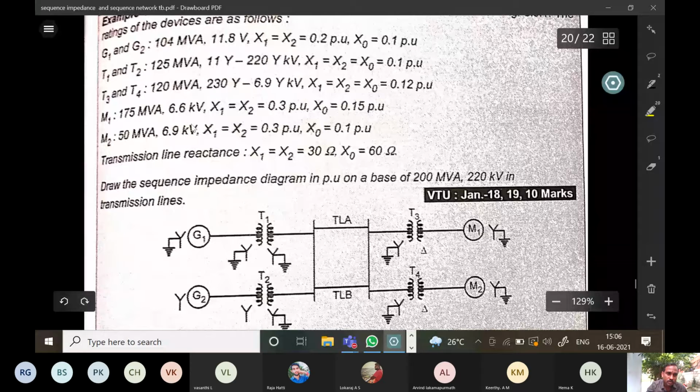X1 and X2 are equal to 0.3 per unit, and X0 is different: for M1 it is 0.15 per unit, for M2 0.1 per unit. For the transmission line, X1 and X2 are 30 ohm, and X0, the zero sequence for the transmission line, is 60 ohm.